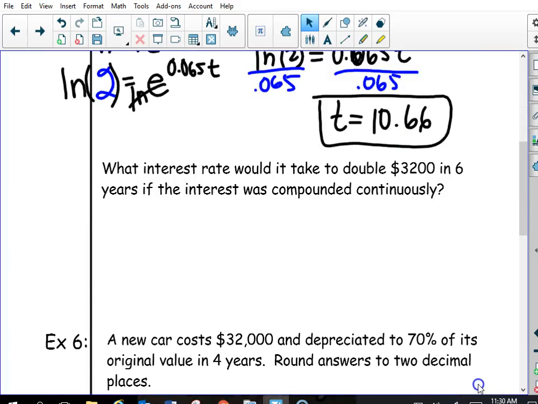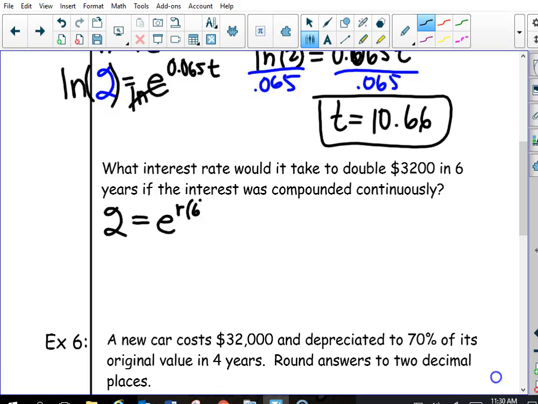And what interest rate would it take to double $3,200 in 6 years if the interest was compounded continuously? Okay, so again, we're going to start with 2 equals e to the rt, and we know that t is 6. So we're doing the exact same thing, only now we're solving for the interest rate.